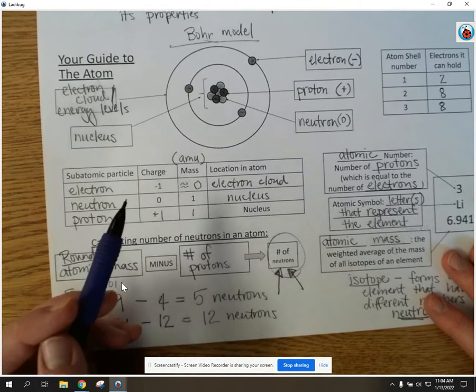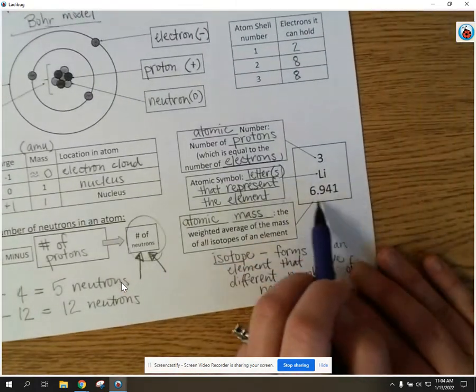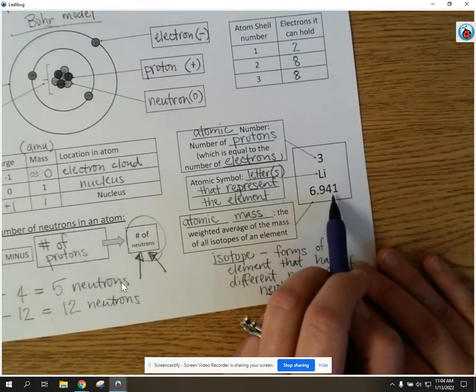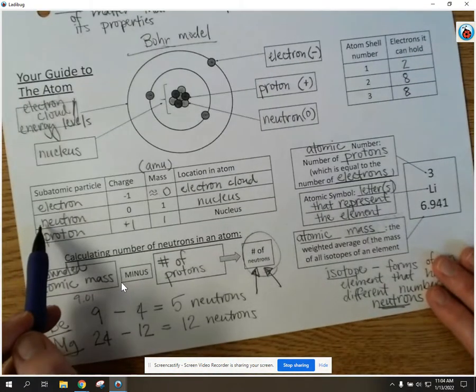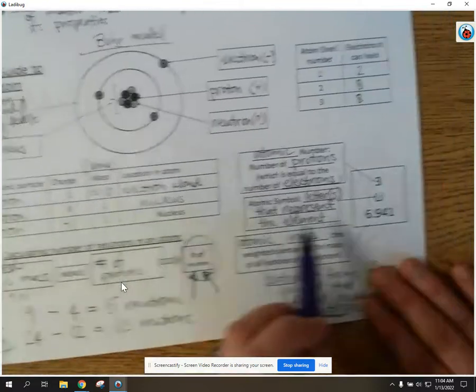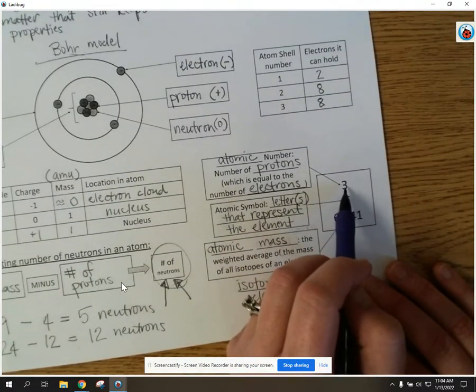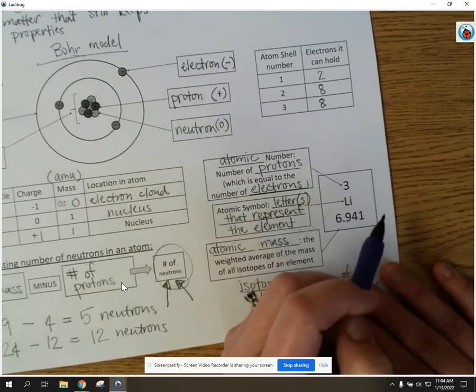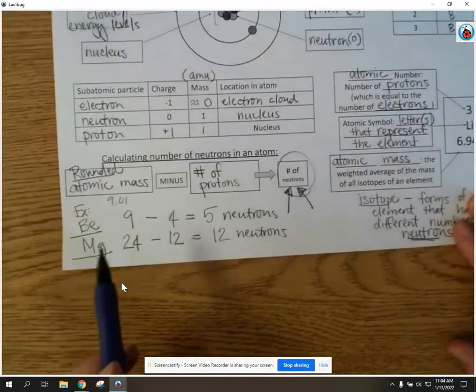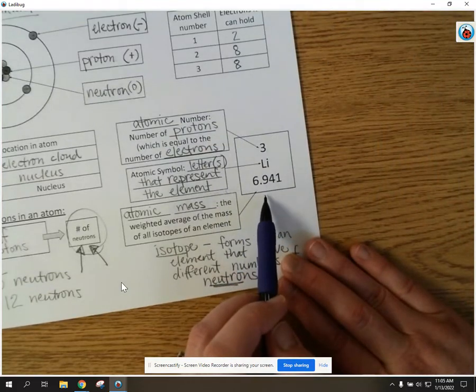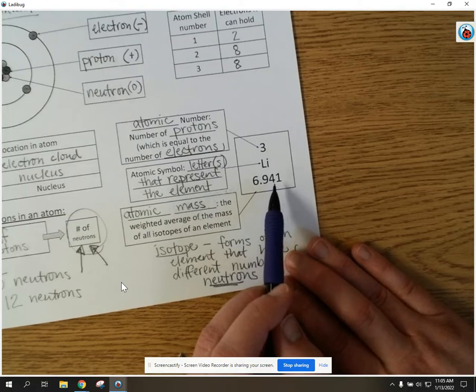So if you think about it, if we took the mass of an atom, and remember, that's made up of protons and neutrons, and we subtracted the number of protons from it, then that should just give us the number of neutrons. And that's what we wrote over here. We're going to round the atomic mass, that weighted average found from all the different isotopes.